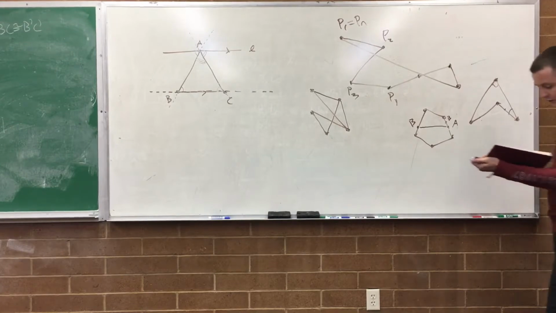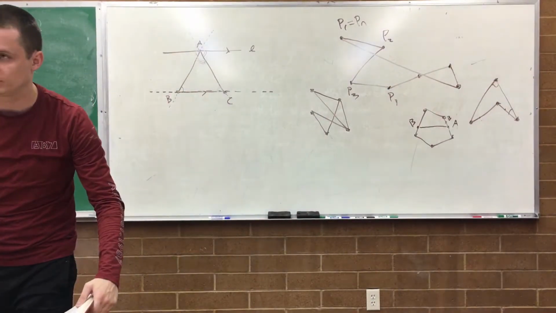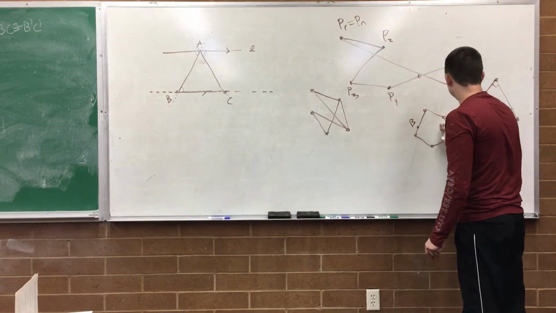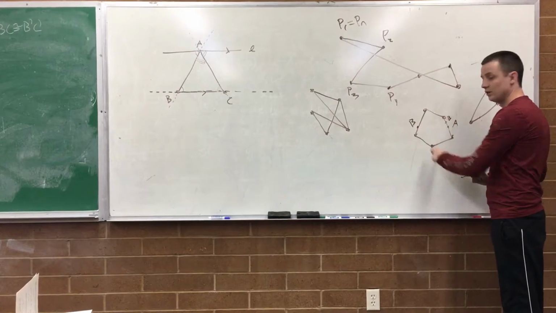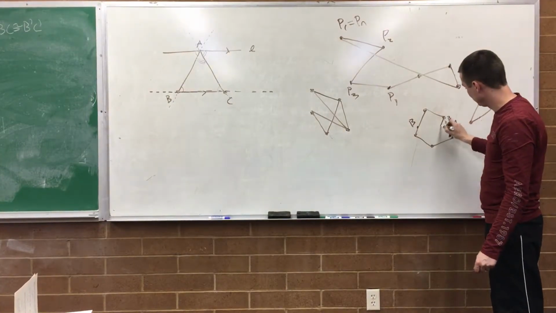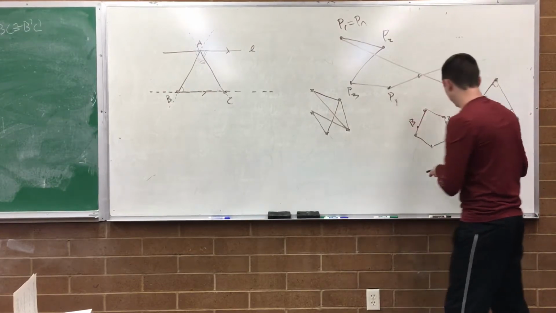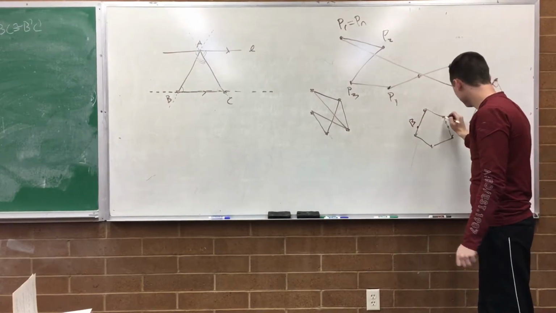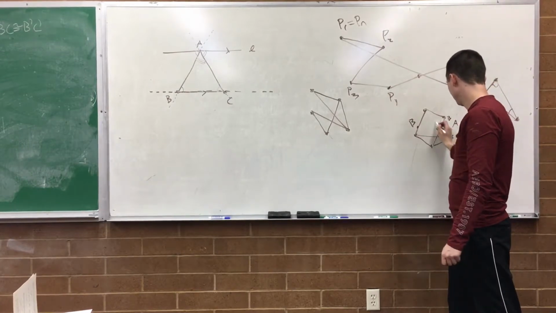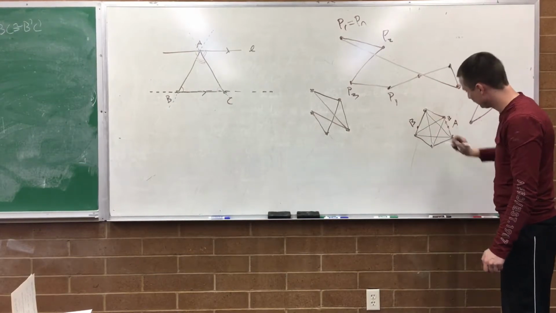A diagonal of a polygon is a segment joining any two non-adjacent vertices. So let's look at this polygon. All the diagonals in this polygon, let's do it in different colors so it doesn't look like I'm changing my polygon. Here is a diagonal, here is a diagonal, here is a diagonal, here is a diagonal, here is a diagonal.